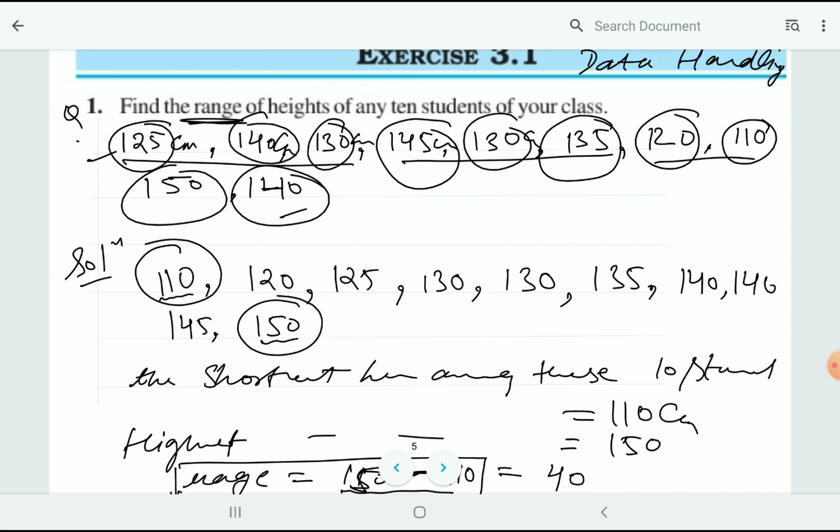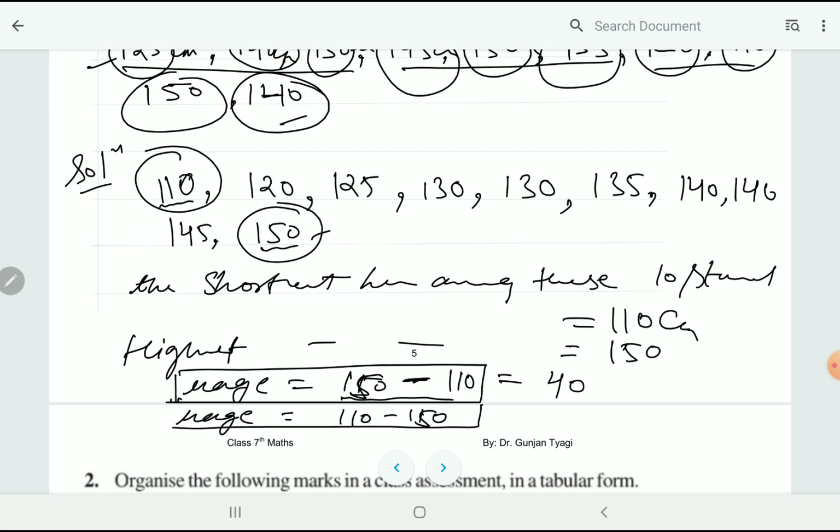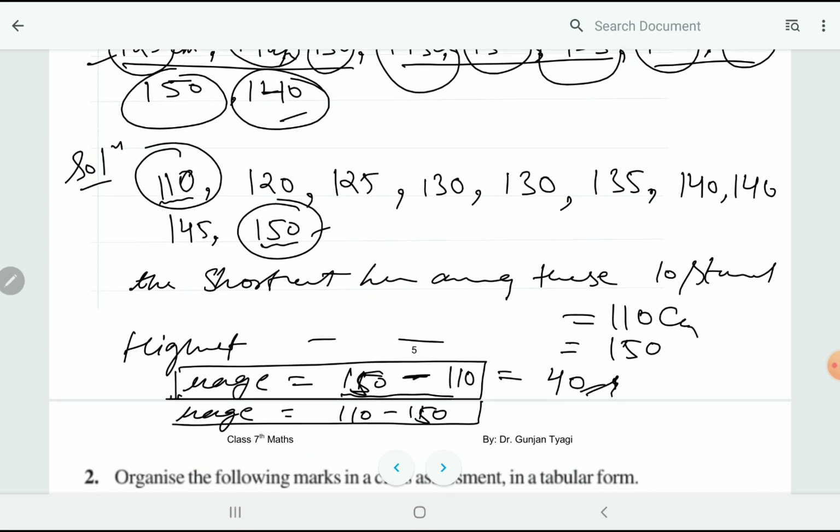Just arrange the data in ascending order, and then write the difference between the lowest data and the greatest data. 110 was the shortest height and 150 centimeters was the tallest, so the difference is 40, which is the range of this data.